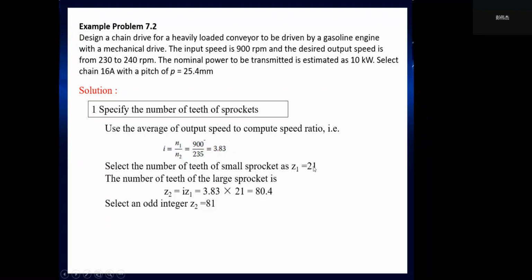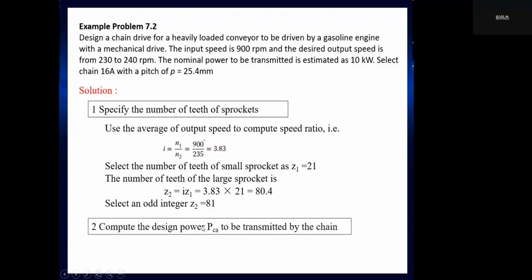The value is not absolutely standard. You also can choose a larger value, 23 or 25. Then compute Pca, where the transmitted power is 10. Select the factor KA.